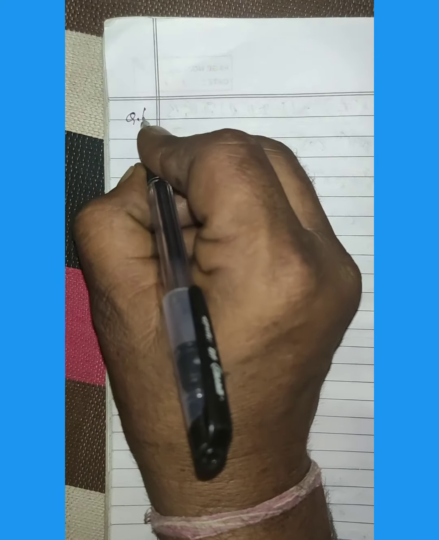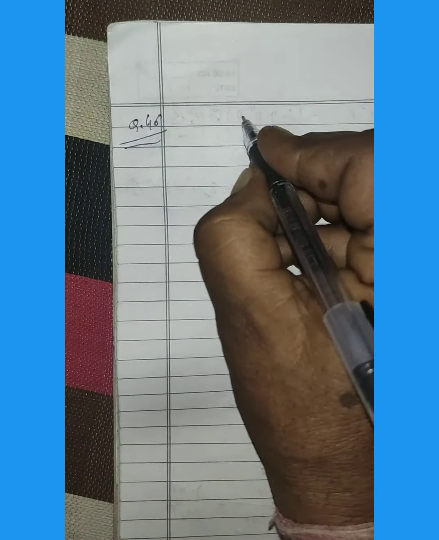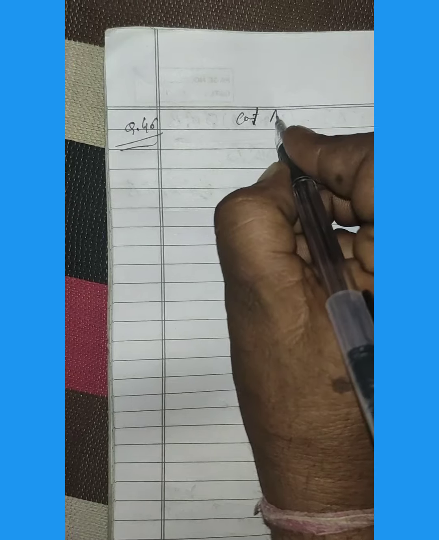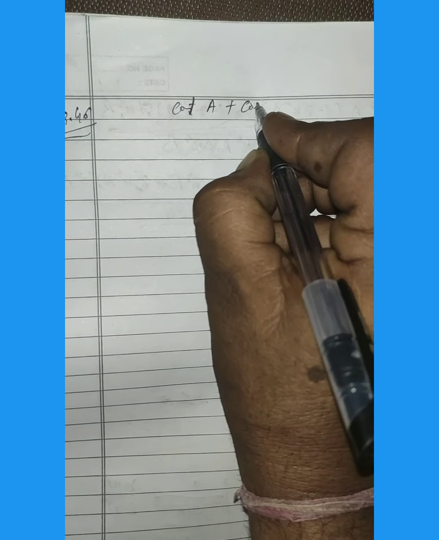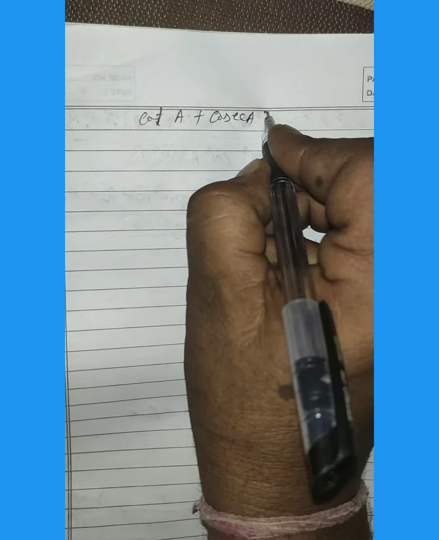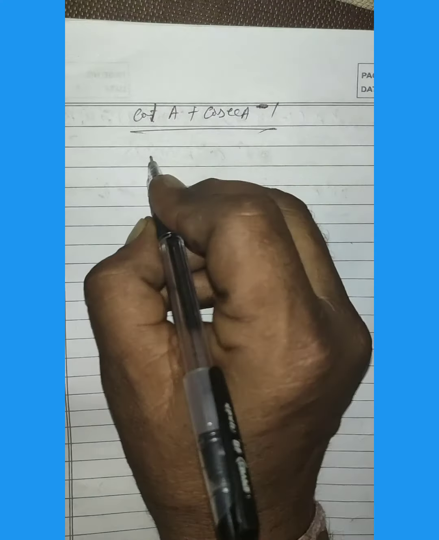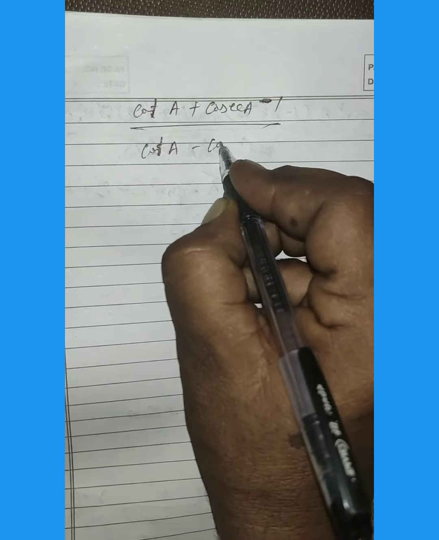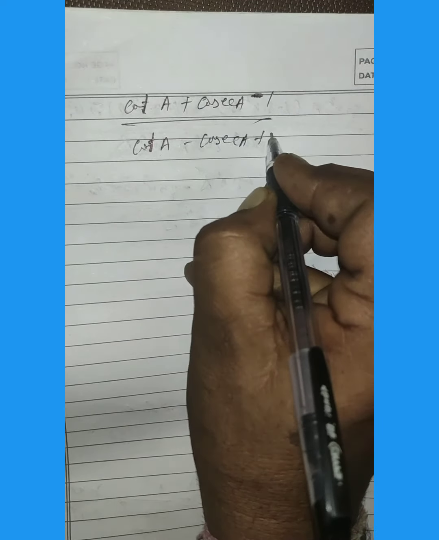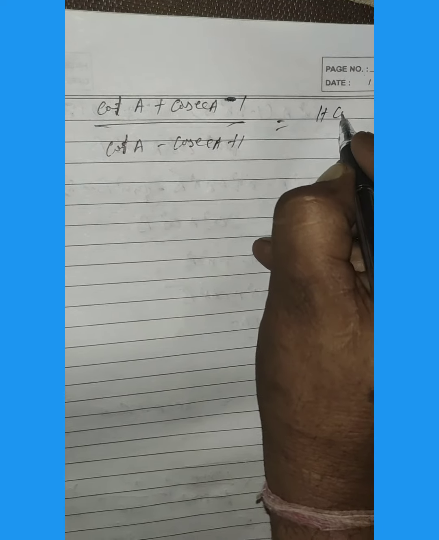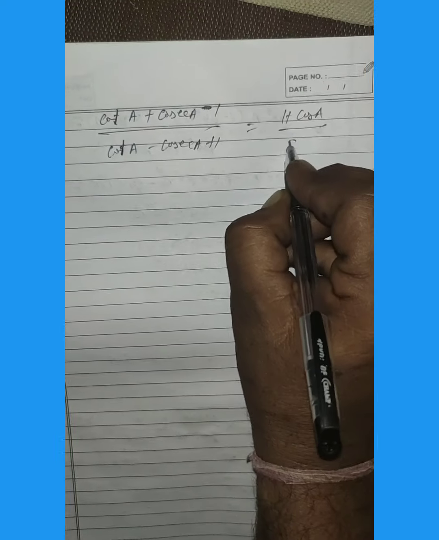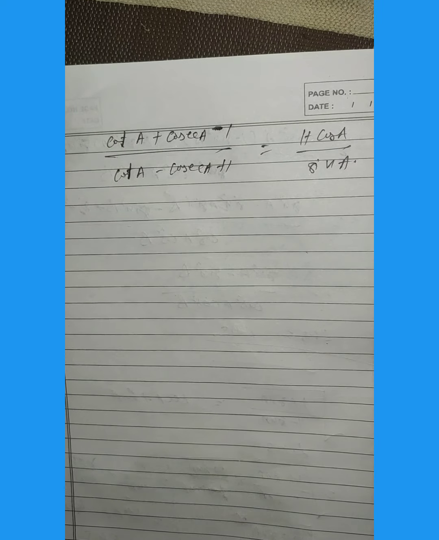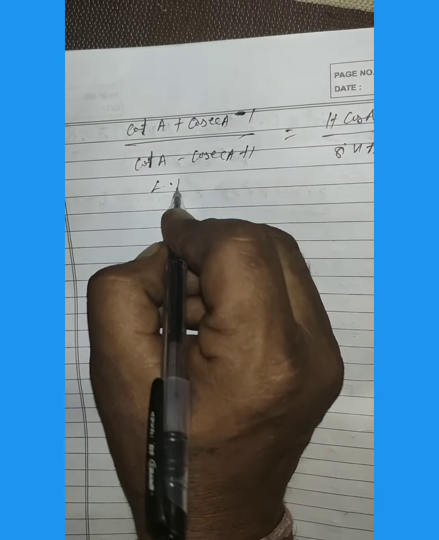Question number 46 is there. (cot A + cosecant A − 1) over (cot A − cosecant A + 1) is equal to (1 + cos A) over sin A. In the same way, select the left hand side first.